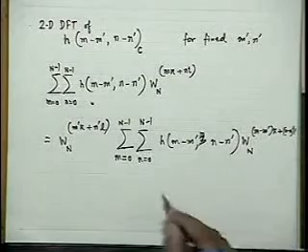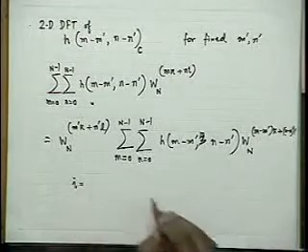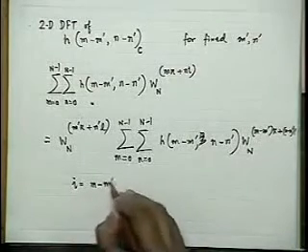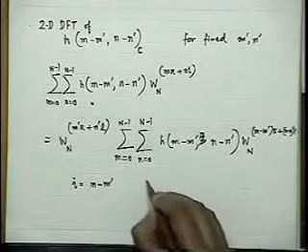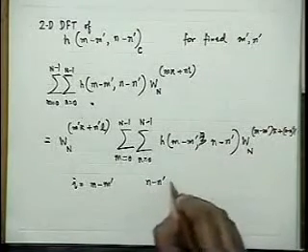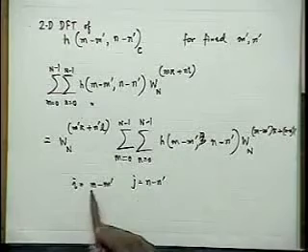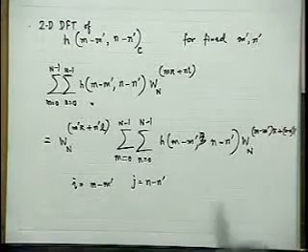Now let us write m minus m prime as i and n minus n prime as j. I define i as m minus m prime, j as n minus n prime.